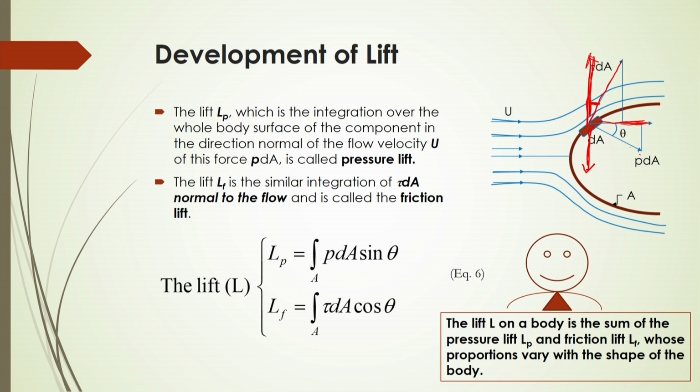So, P dA sin theta, if you integrate over the area of this object, you will get the pressure component of this lift force, and the frictional component of the lift force will be defined as the integration of tau dA cos theta. Here you also have to remember that lift L on a body is the sum of the pressure lift L_p and the friction lift L_f, whose proportions vary with the shape of the body.